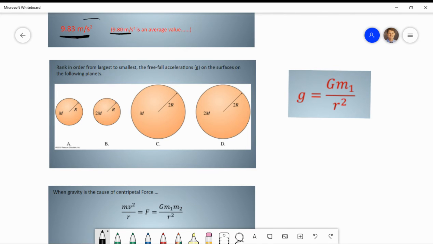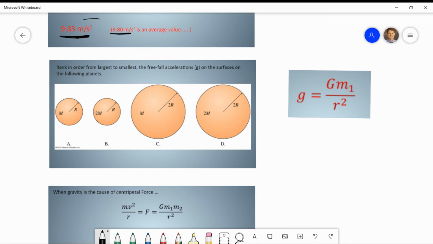For this, I want to rank in order from largest to smallest the free fall acceleration on the surfaces of the following planets. Okay, folks, this is a great question. I've got the masses.